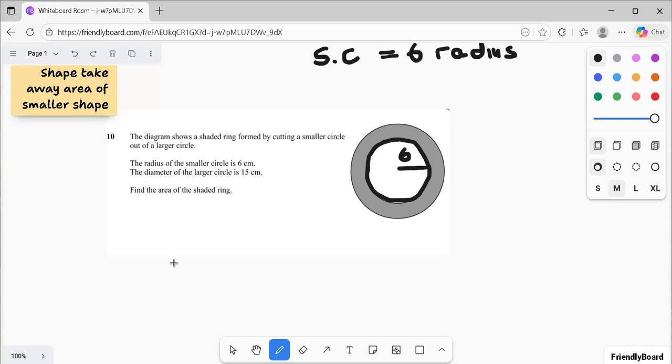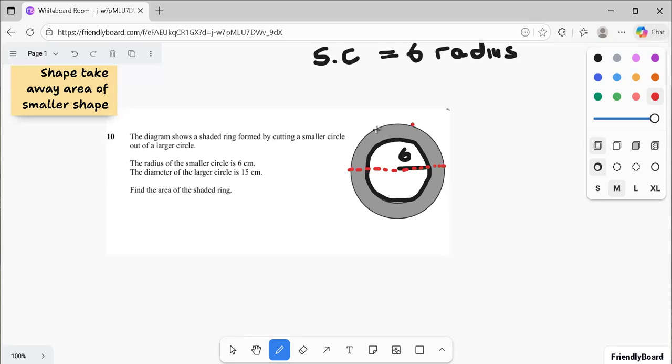All right, so then they say the diameter of the larger circle is 15. Let me use a different color here, I'll use red. So let's assume this is the diameter of the larger circle, the outer circle.